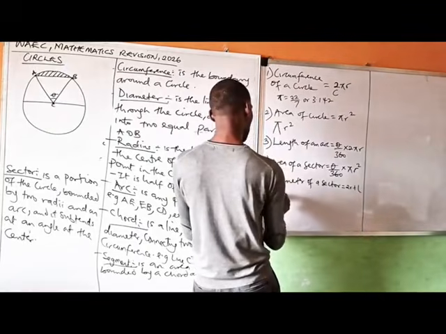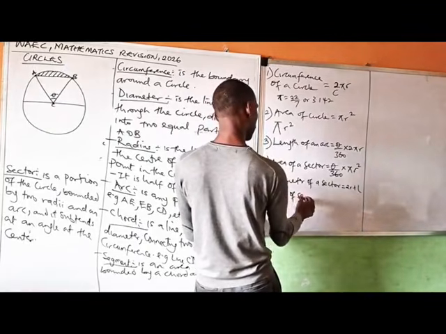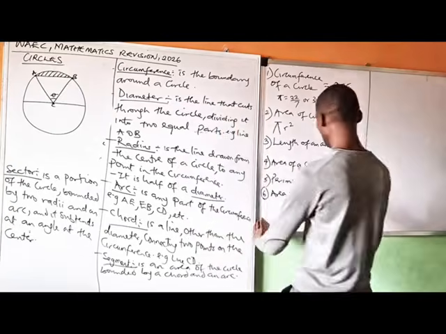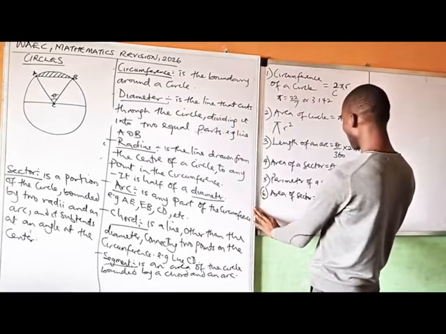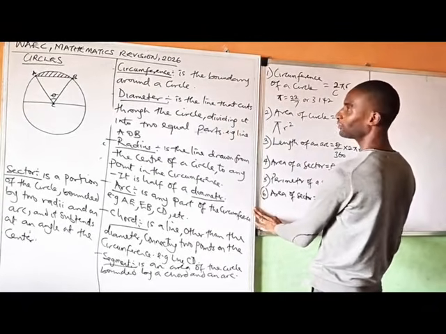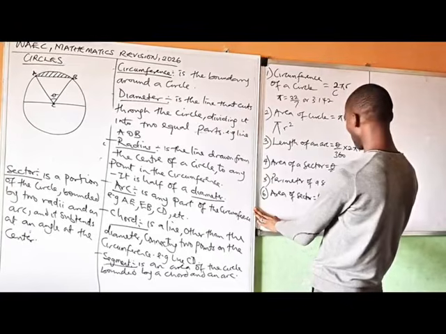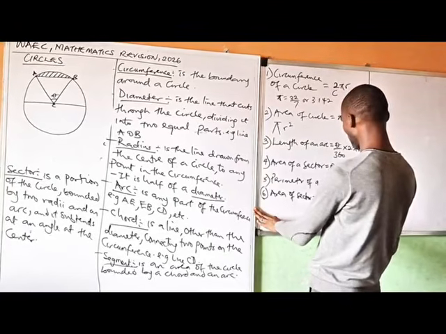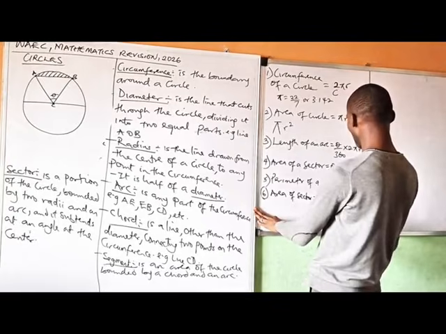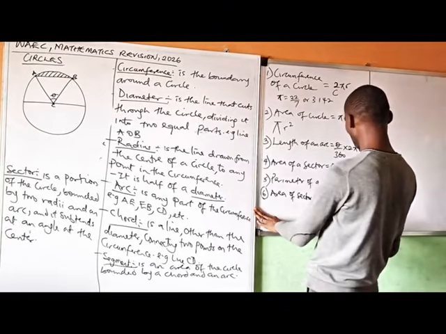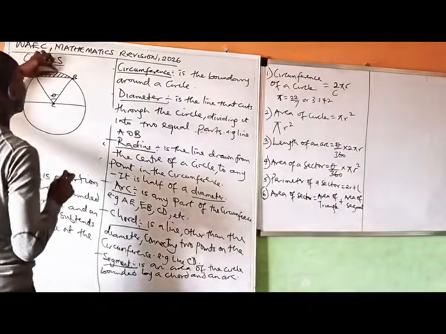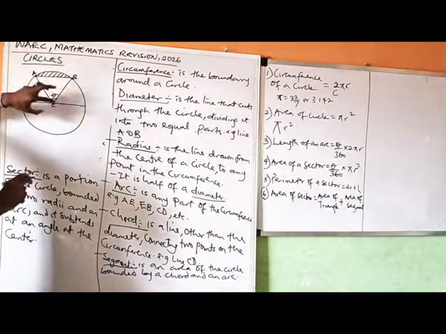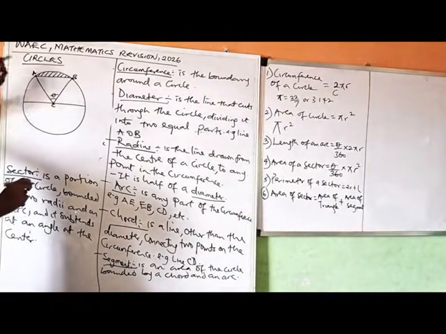Area of sector, this area of sector that I have here, is also the same as area of triangle plus area of segment. So this segment and this triangle, if I add their areas together, I have the area of the sector.